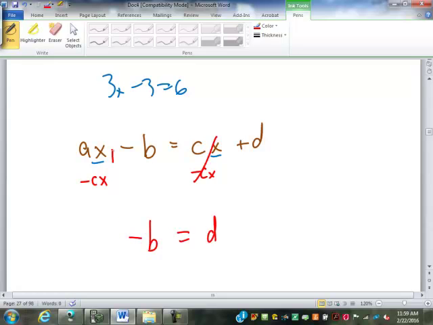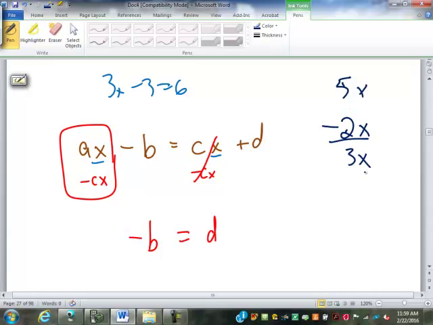The question is, how do we combine ax minus cx? Well, if that were 5x minus 2x, we would just do 5 minus 2 is 3x. Combine the counts and keep the same name. Here we can do the same thing. A minus c is just a minus c x.